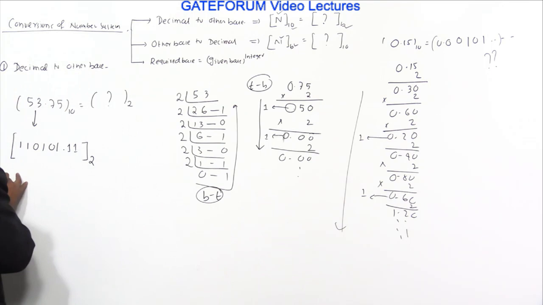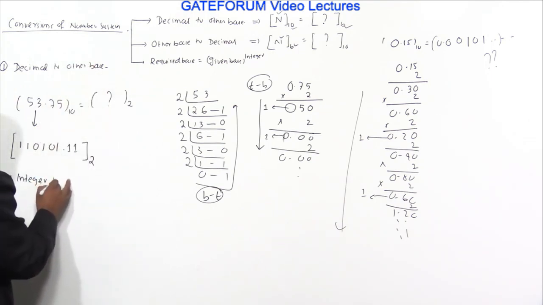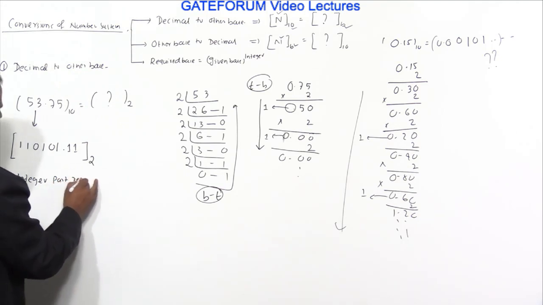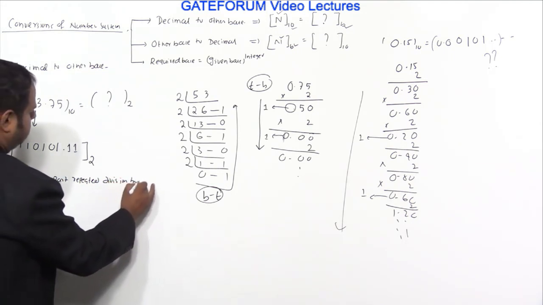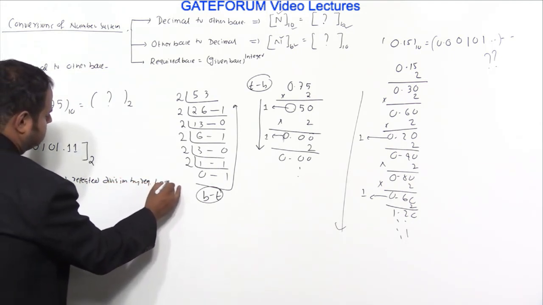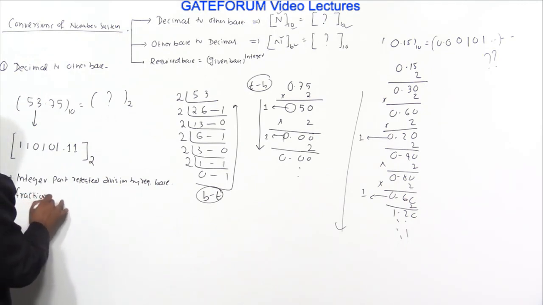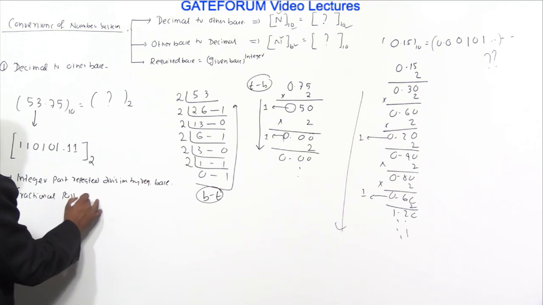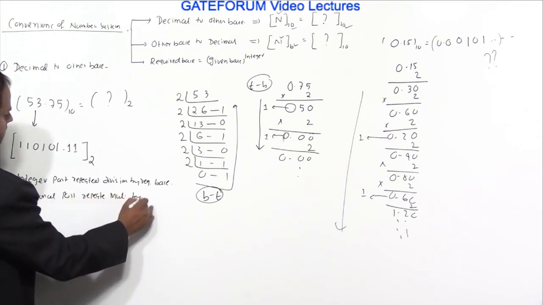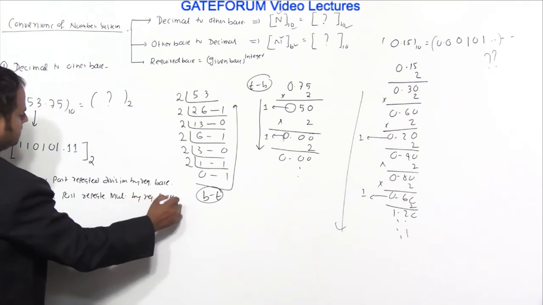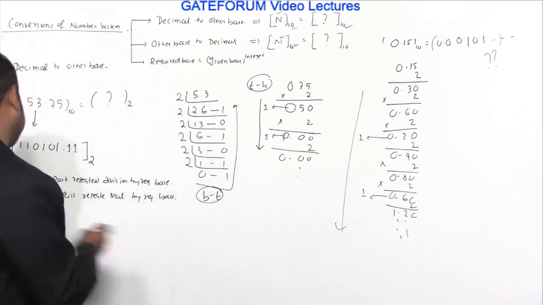So what I did here, in such cases, I am writing this step: integer part, repeated division by the required base; fractional part, repeated multiplication by the required base. Okay, but you have to take care about this. So this one and all, if you get it, you have to take it out.